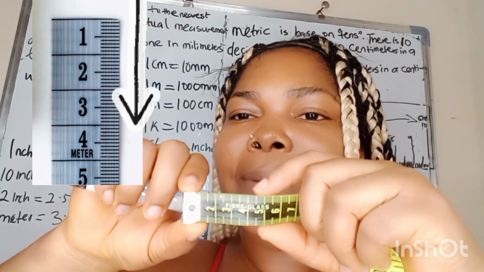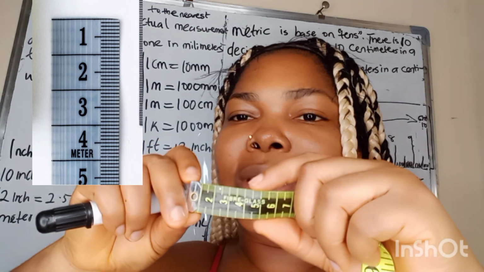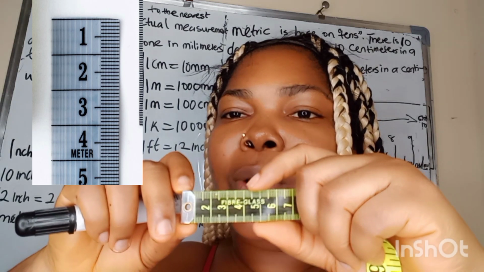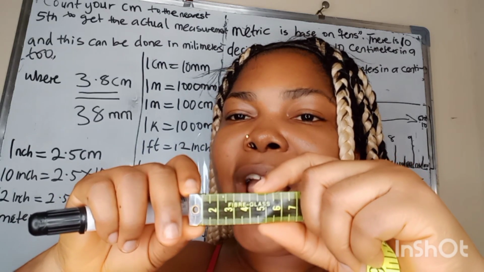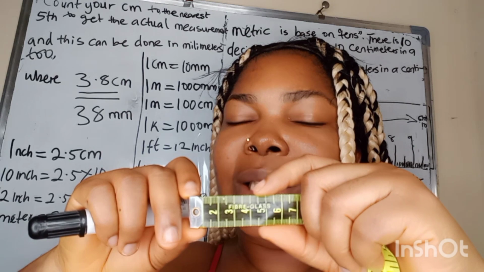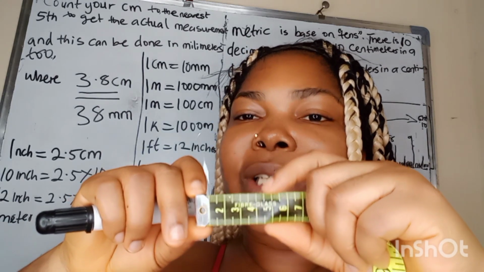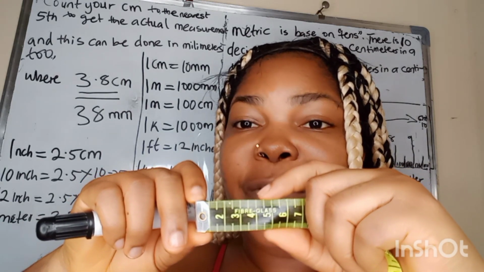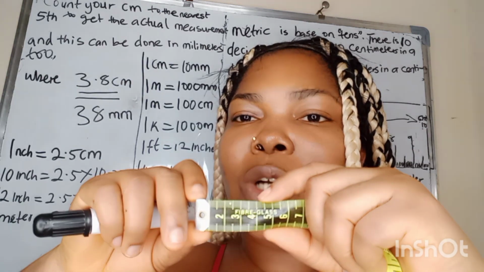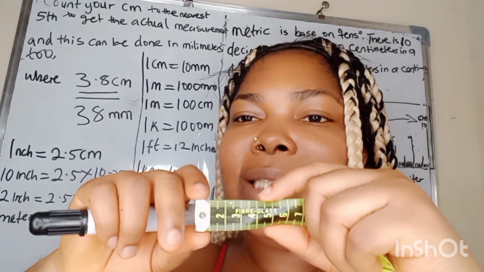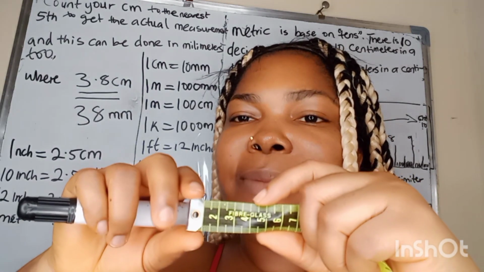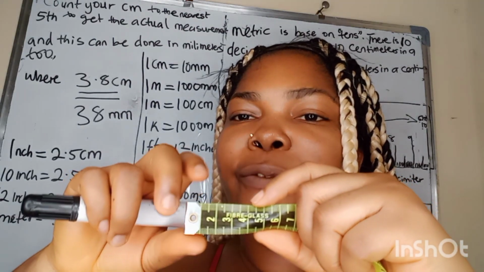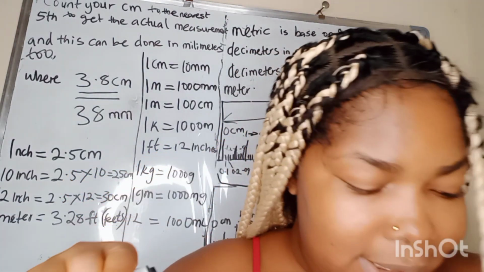All right, or my object started from this point, which is point 0, to this point here, which is 0.5 of the millimeters divider, which is 0.5 centimeter or 5 millimeters. This is where my object stops. So I can equally say that this is 4.5 centimeter length or 45 millimeters length.